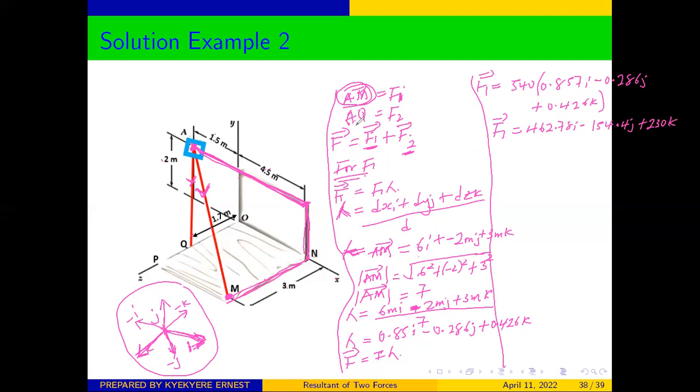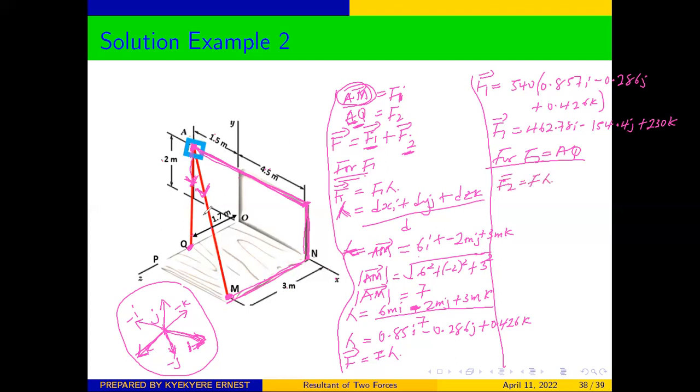Now we are left with finding AQ. In the same way, AQ is pointing away from the point A. So we are moving from point A to point Q. So for F2, which is equivalent to AQ, we need to get our force F2, which is equal to F lambda.